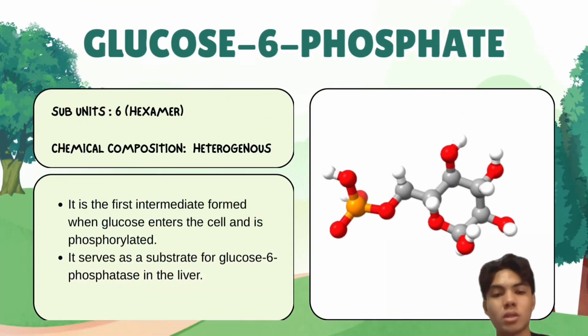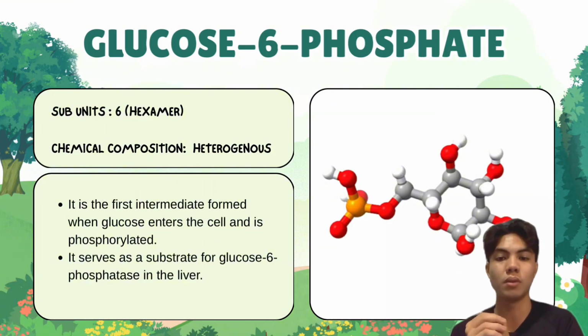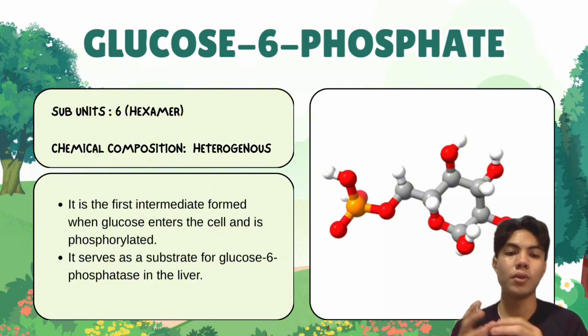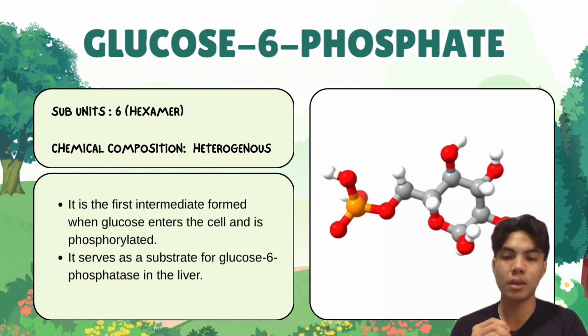Glucose 6 phosphate is a hexamer protein and is a crucial molecule involved in glycolysis. It is the first intermediate formed when glucose enters the cell and is phosphorylated. It serves as a substrate for glucose 6 phosphatase in the liver, which releases the glucose into the bloodstream.